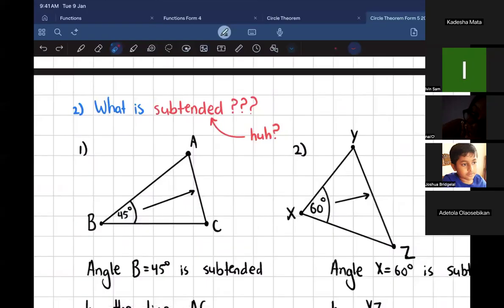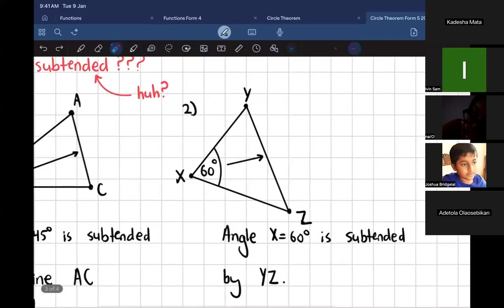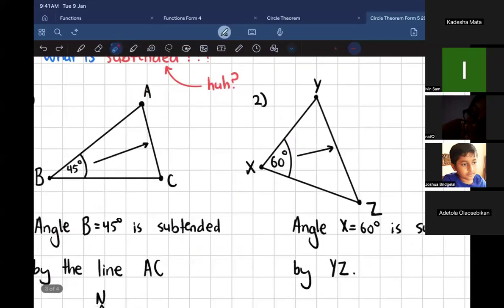Let me know if you understand that way as well. Basically, depending on the line AC, it affects the angle. Exactly. This line controls this angle. Yes, I understand. If you make that line bigger, that angle is going to get bigger. If you make it smaller, that angle is going to get smaller.